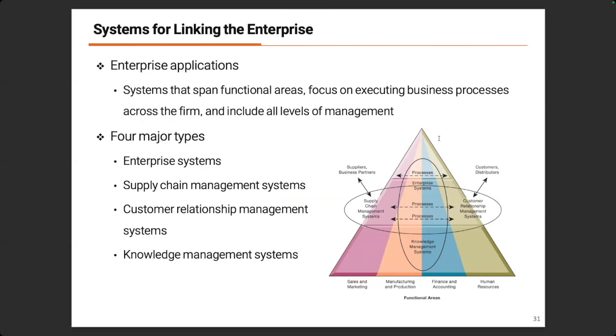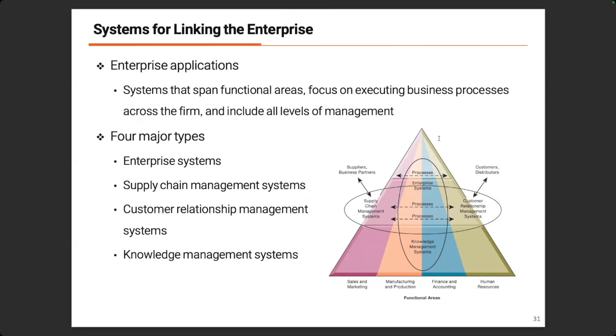There are 4 major types of enterprise applications. Each of these applications integrates a related set of functions and business processes to enhance the performance of the organization. So there are enterprise systems, supply chain management systems, customer relationship management systems, and knowledge management systems.